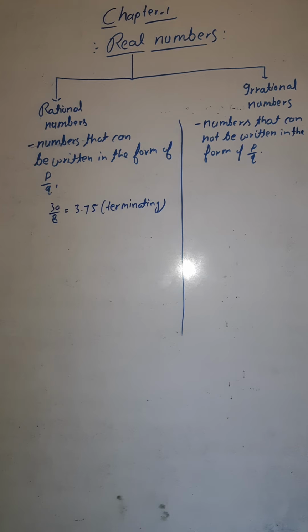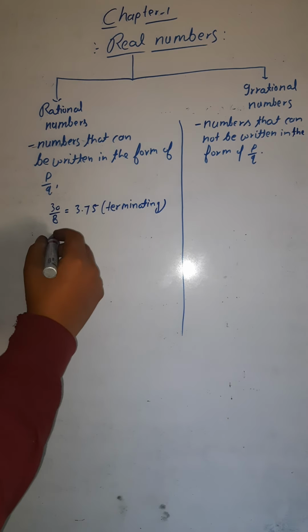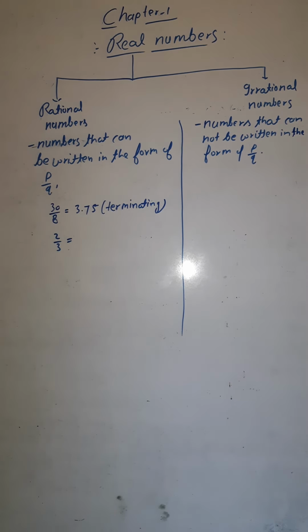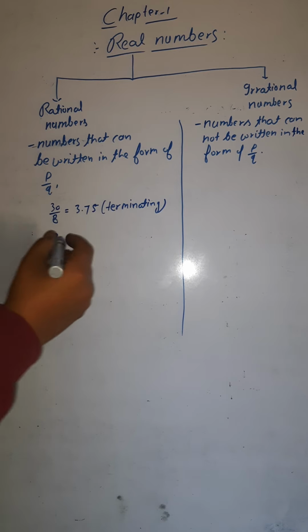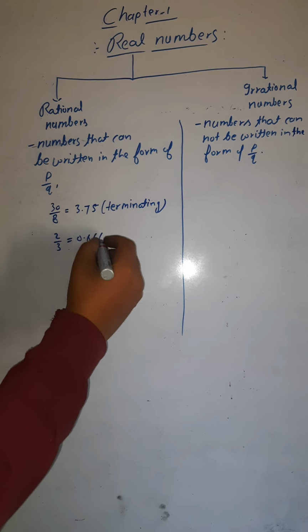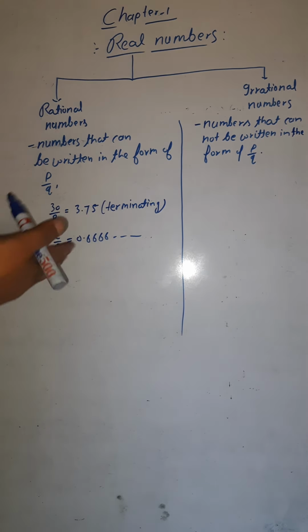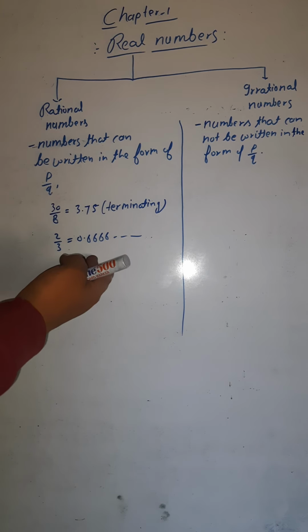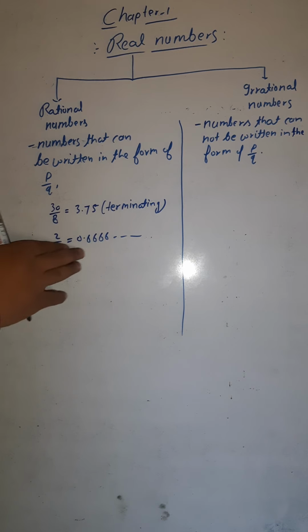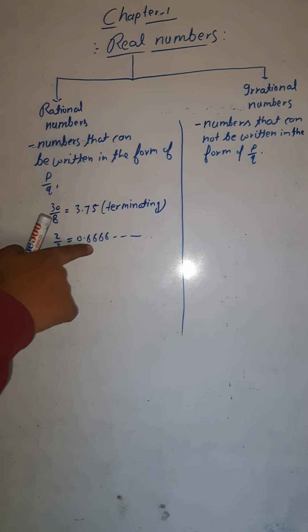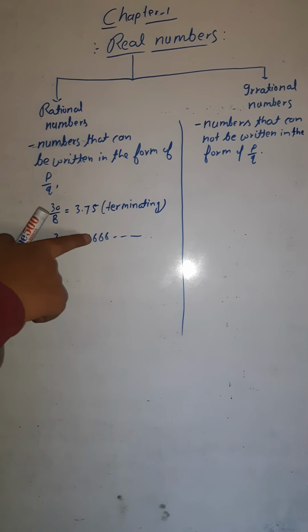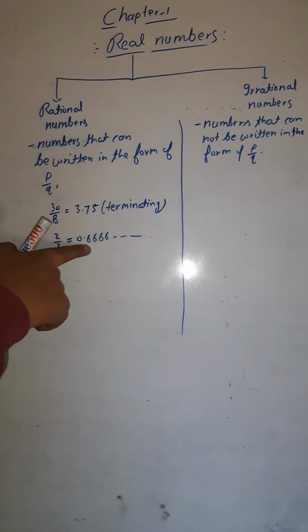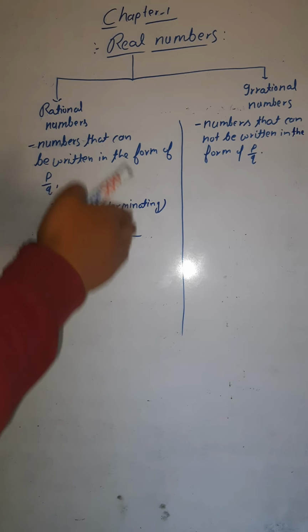Now suppose I write one more rational number, 2 by 3. If you divide 2 by 3, you would get 0.666666. You can see this 6 is repeating here, so this type of decimal expansion is non-terminating, but repeating also, because the digit 6 is repeating again and again.